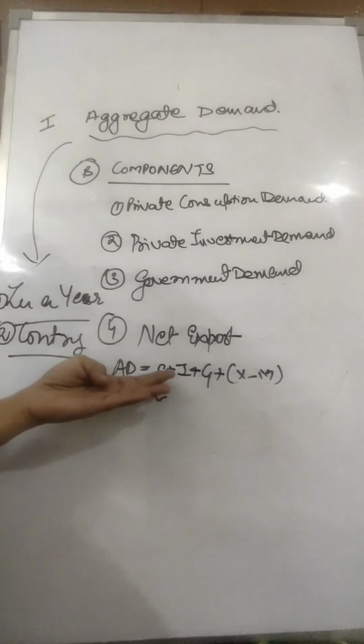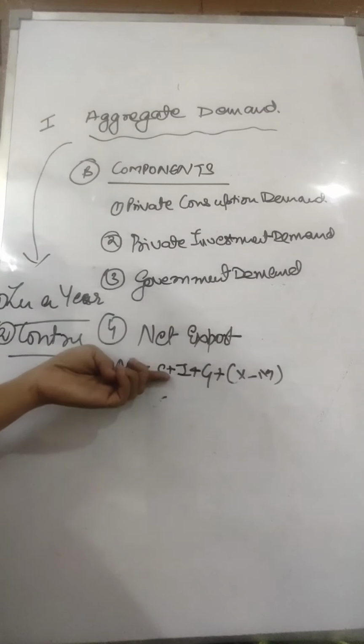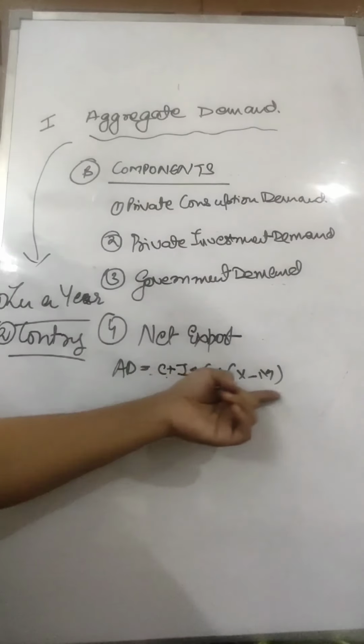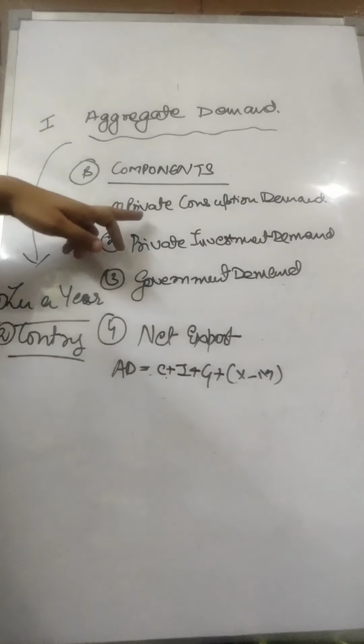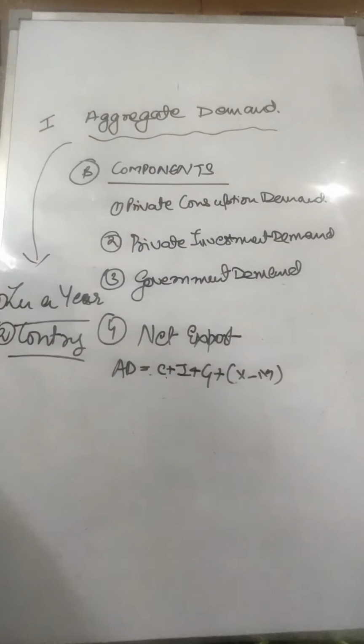So now you can understand it very easily. What does the component mean? What all do we include in the formula? Very first thing, private consumption demand. Now what do we mean by private consumption demand? That is all the consumers demanding goods and services in their households in a country at a level of income during a year.